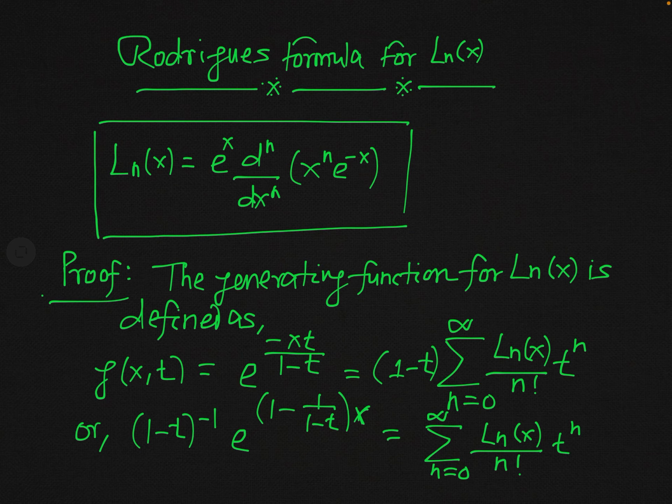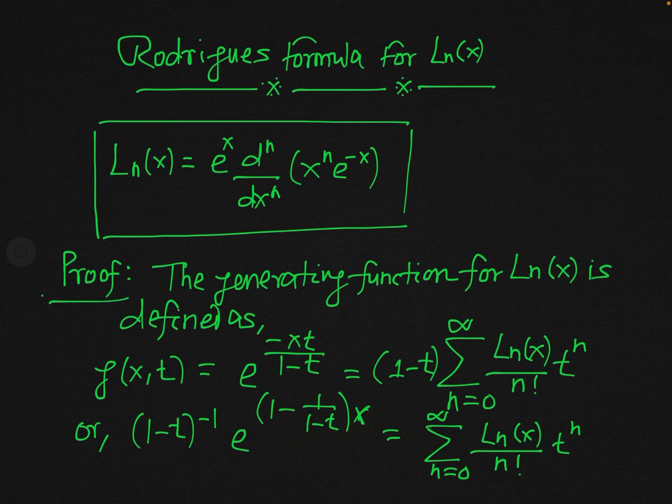Now, our aim is to first of all prove this formula, and then using this formula we will see some of the values of Ln of x. Actually, this formula can be proved starting with the generating function for Ln of x. And in this regard, you must remember this generating function expression for Ln of x.